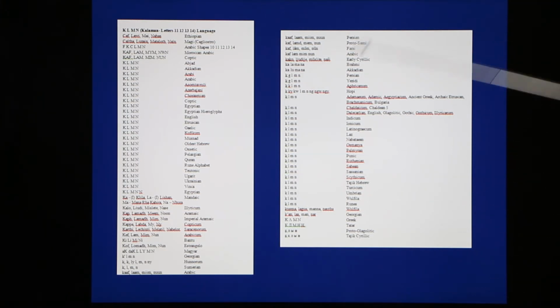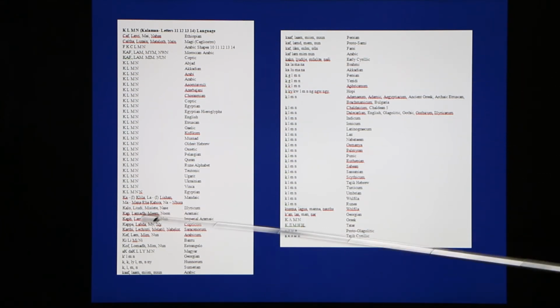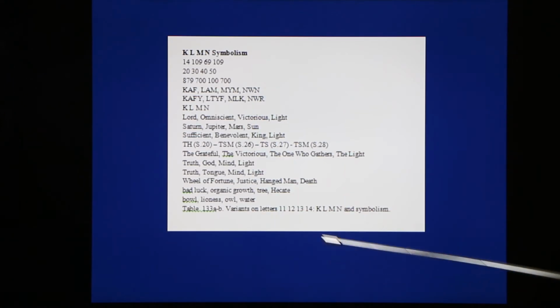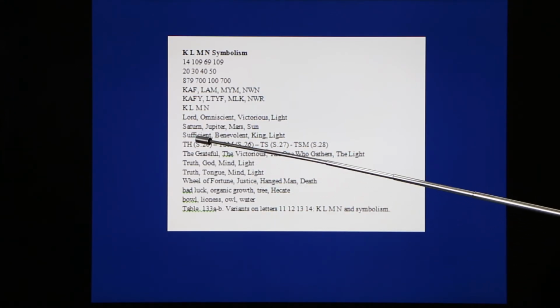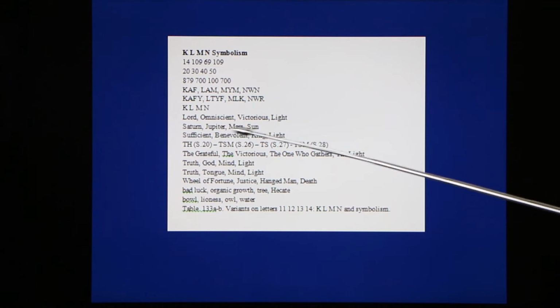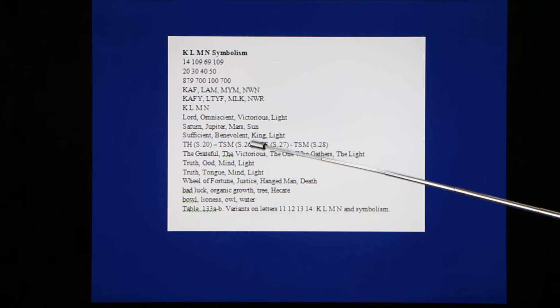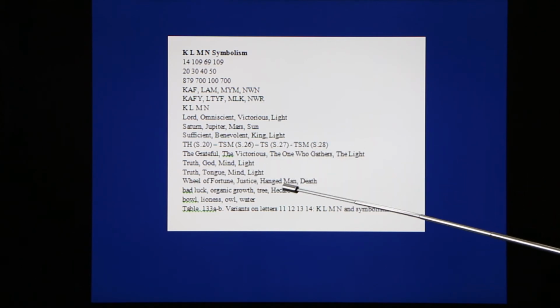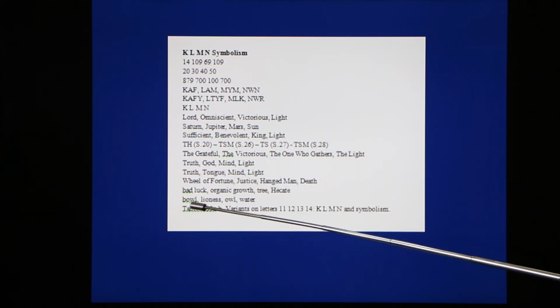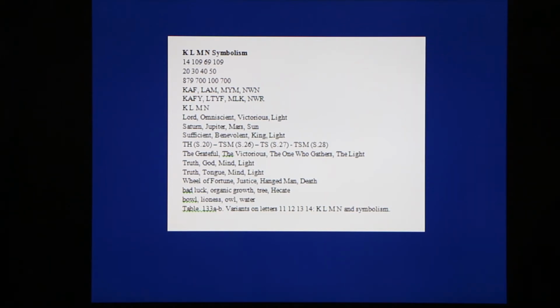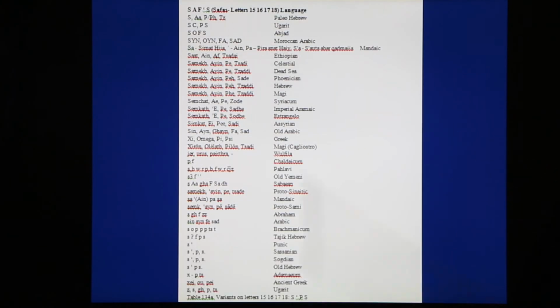And this is why for this one we have a lot more alphabets involved, we have a lot more variants involved. And the meanings can be Lord, Omniscient, Victorious, Light, Saturn, Jupiter, Mars, Sun, Sufficient, Benevolent, King, Light, Truth, God, Mind, Light, Bowl, Lioness, Owl, Water. So it's definitely not just one meaning. And of course there are different numbers involved as well.